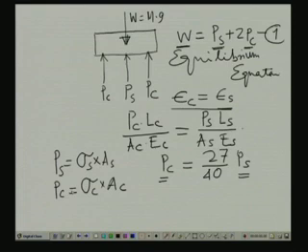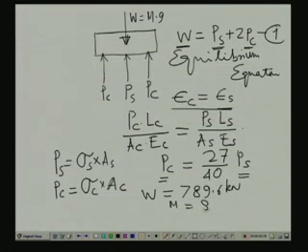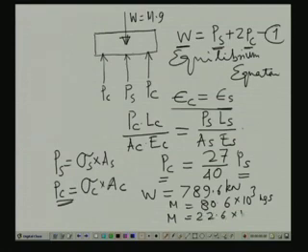From this we compute the value of W. From the criterion of the maximum value for the steel rod, we get W as 789.6 kilonewton, or a mass of around 80.6 into 10 to the power 3 kgs, whereas from the limiting criterion for Pc, we get a mass of 22.6 into 10 to the power 3 kgs.